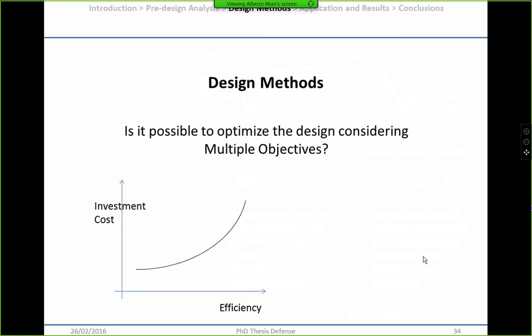I showed you that in the first phase I was minimizing the total cost and was getting an efficiency that I didn't like, 20% efficiency, not an efficiency that I want to achieve. So for this reason, I wanted to include multiple objectives in my decision making approach. In this case, I consider investment cost and efficiency as competing objectives.